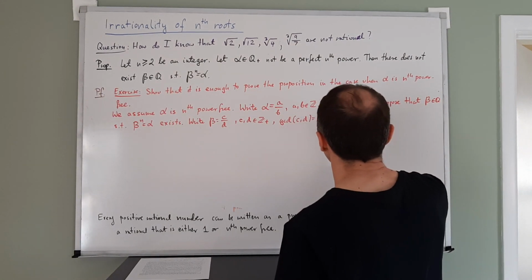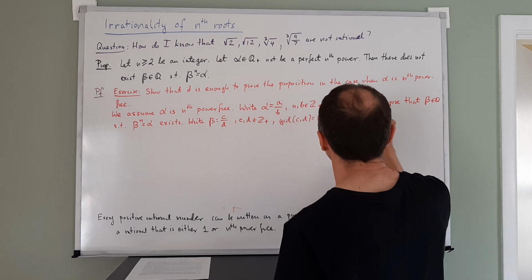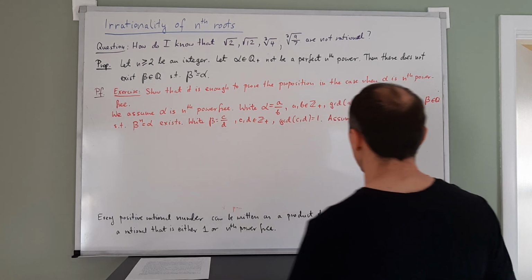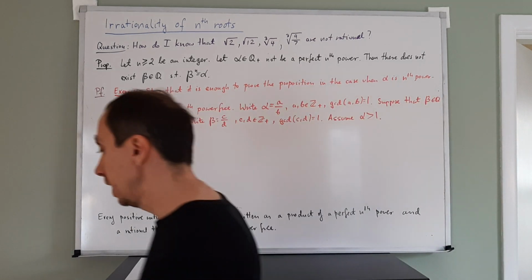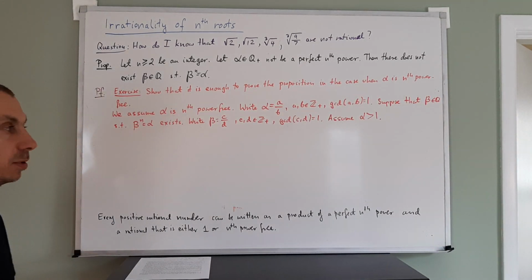So assume alpha is greater than 1. What's so special about it being greater than 1? When alpha is greater than 1, then it is divisible by some prime.